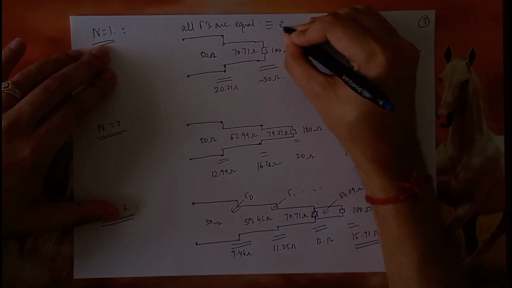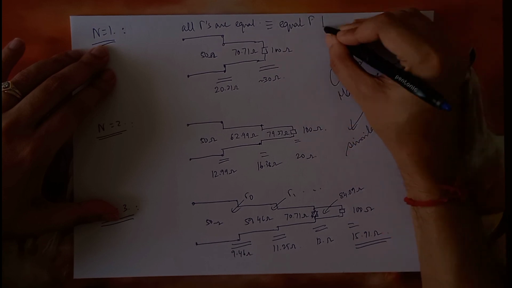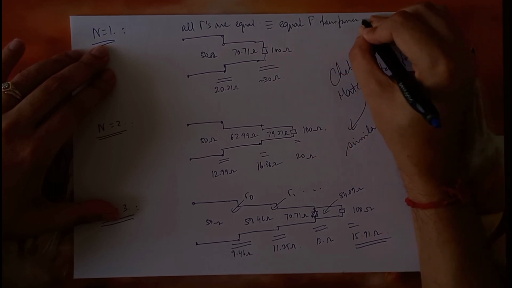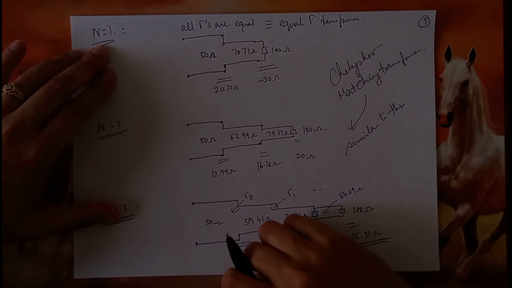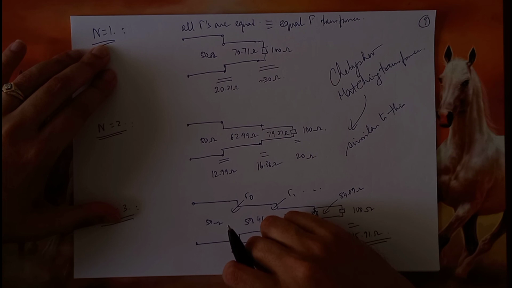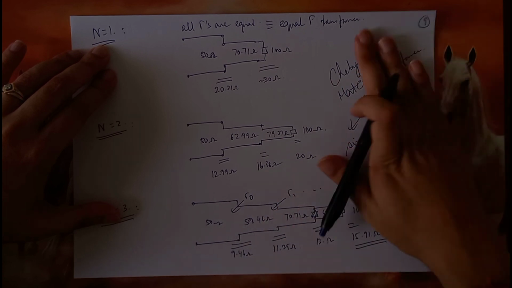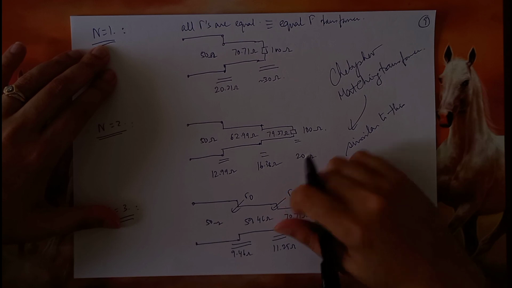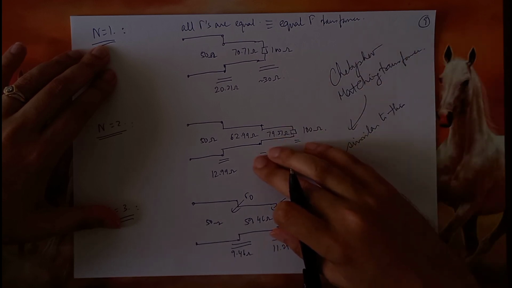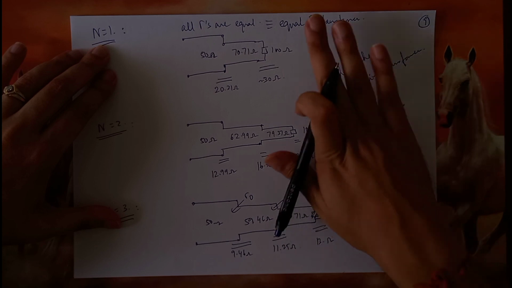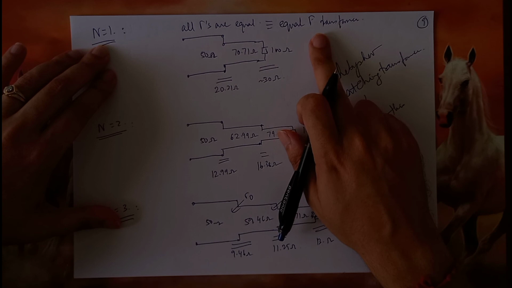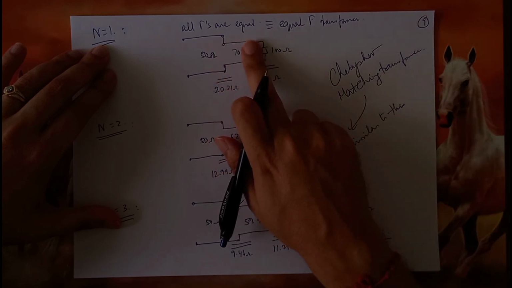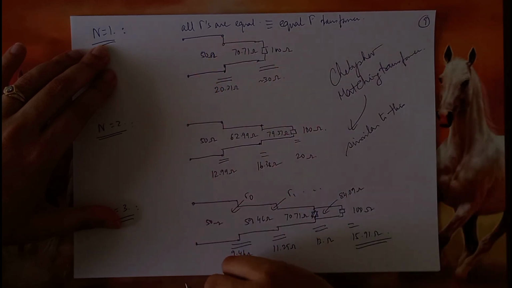Therefore, this is called an equal gamma transformer. And very similar to this, there exists a Chebyshev matching transformer. The Chebyshev equations are very complex and shall not be a part of this course. But I thought of explaining this phenomenon using something a little easier to handle, that is the equal gamma transformer, where all the individual reflection coefficients at individual junctions or discontinuities are treated to be equal.